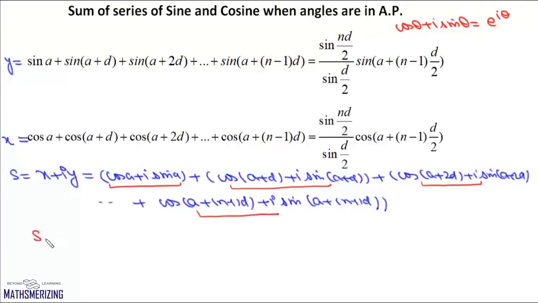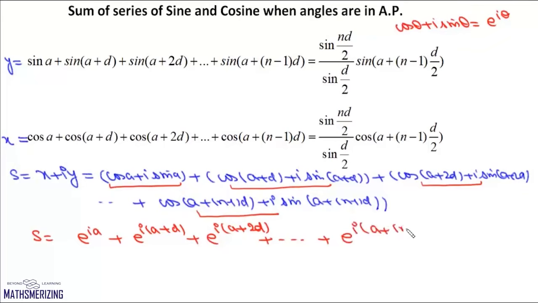So we can write the series S as e^(iA) + e^(i(A+D)) + e^(i(A+2D)), and it'll go all the way up to e^(i(A+(n−1)D)).